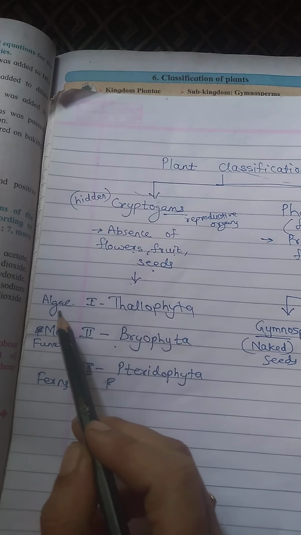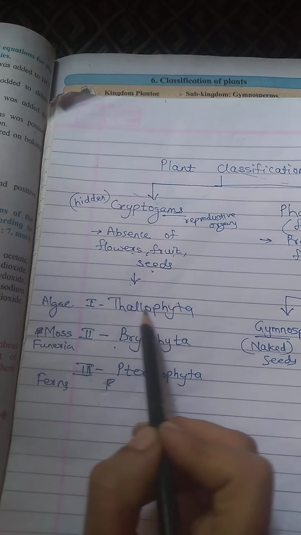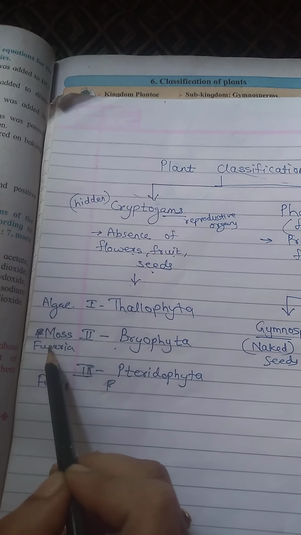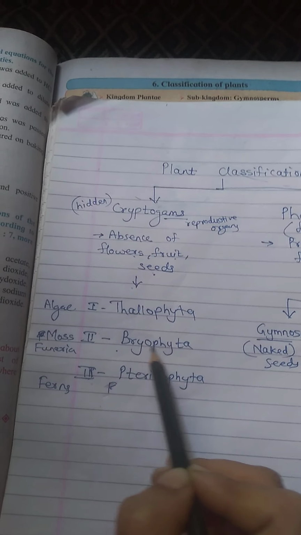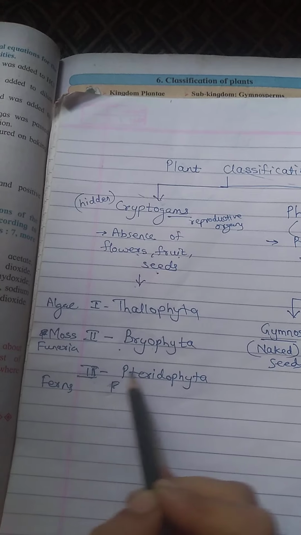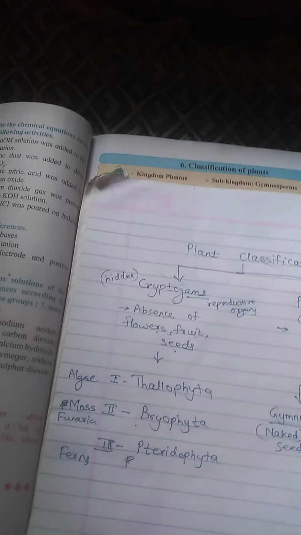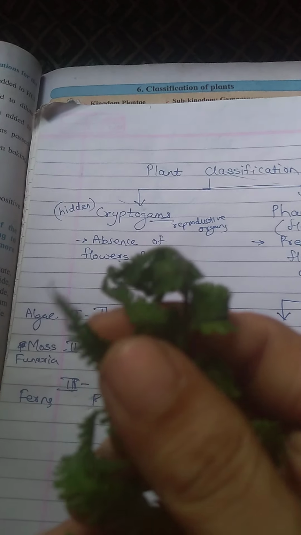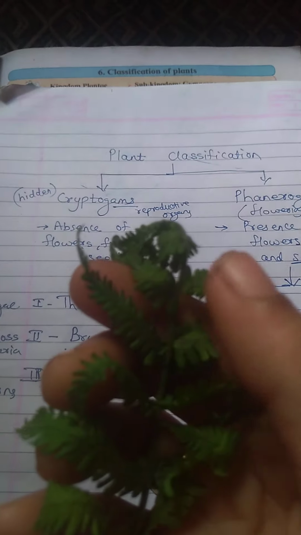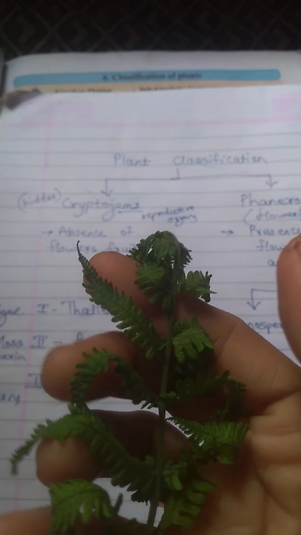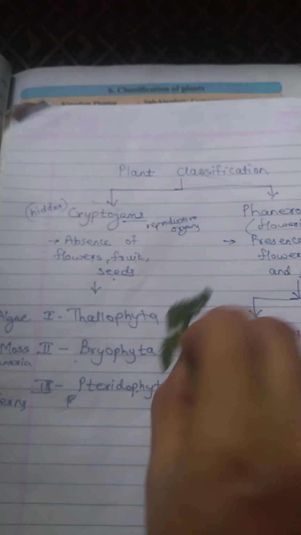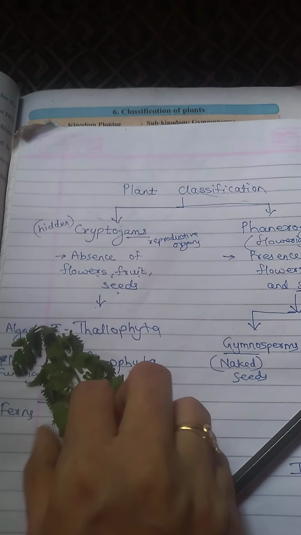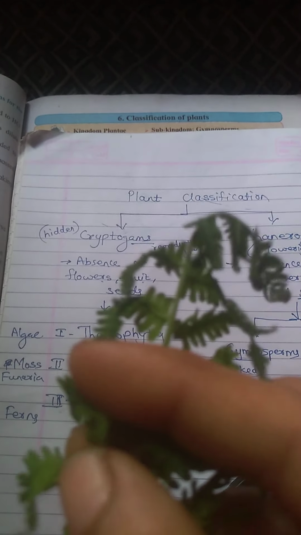I have written all these examples just for you to remember. Algae will come in Thallophyta, moss or Funaria will come in Bryophyta, and ferns will come in Pteridophyta. I have brought ferns to show you. You see, plants with leaves like this are called ferns, and they have small spores here.